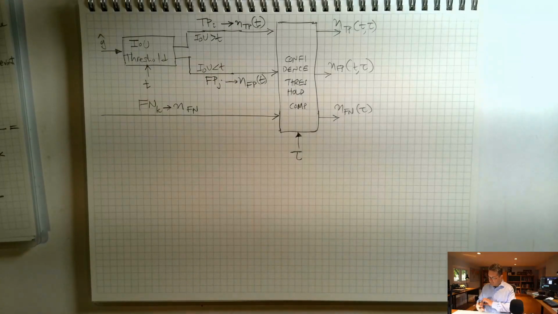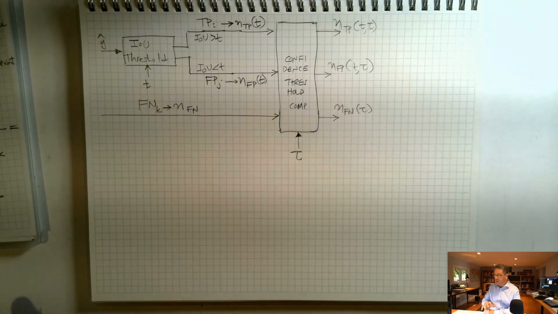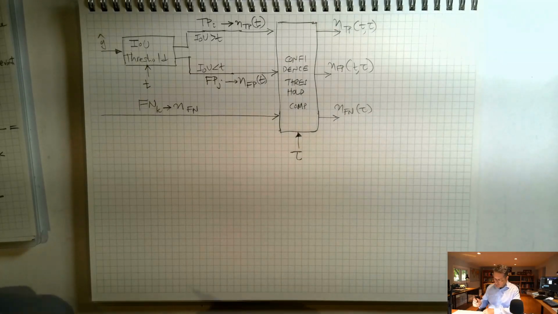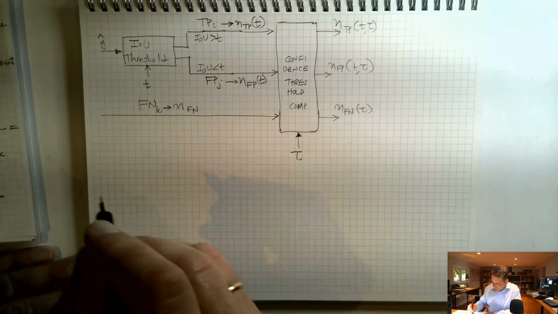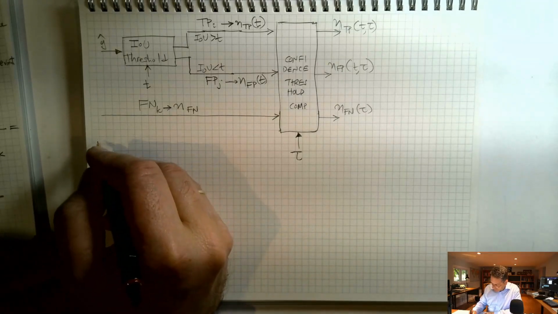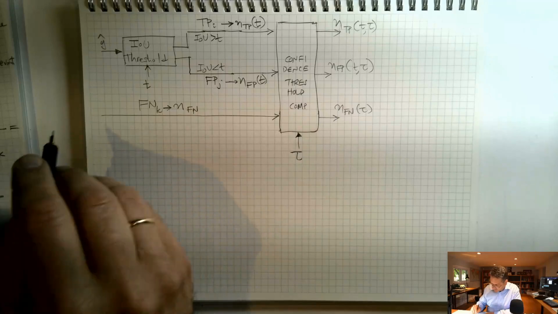Now that we have the block diagram, let's write down what we understood from the treatment of binary classification in another video. Let me write the headline here: what constitutes a good detector.